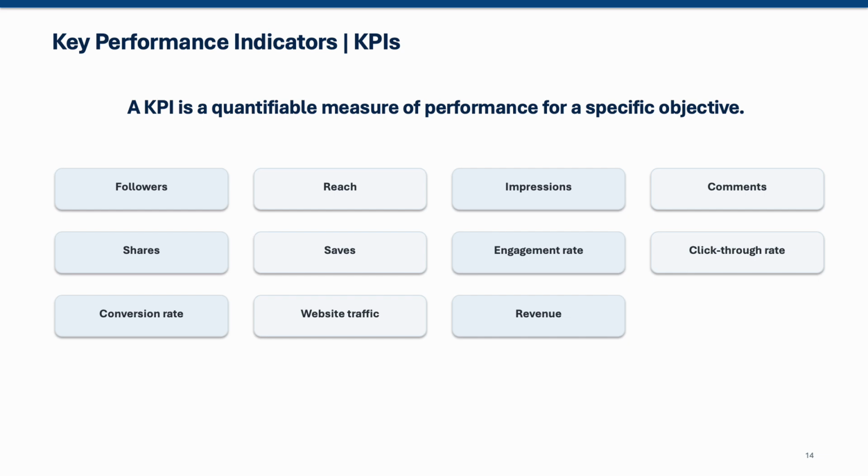Depending on the goal, your KPI might be reach, impressions, comments, shares, saves, engagement rate, click through rate, conversion rate, website traffic, or revenue. Again, the KPI needs to match what you're trying to accomplish.